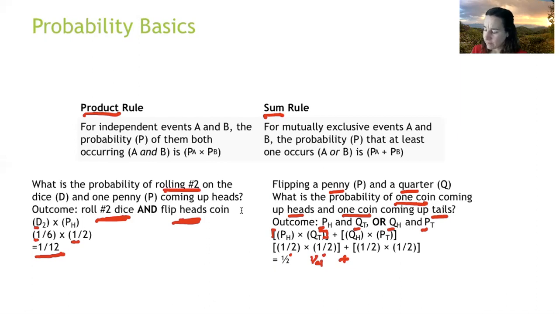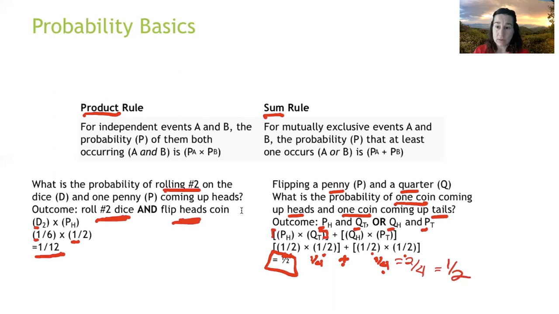Well, we've got 1/2 and 1/2, and that's going to be 1/4. 1/2 times 1/2 is 1 times 1 is 1, 2 times 2 is 4, 1/4, and then we add them together. So 1/4 plus the 1/4 is going to bring us 2/4, which equals 1/2. That's the sum rule. There's the product rule.